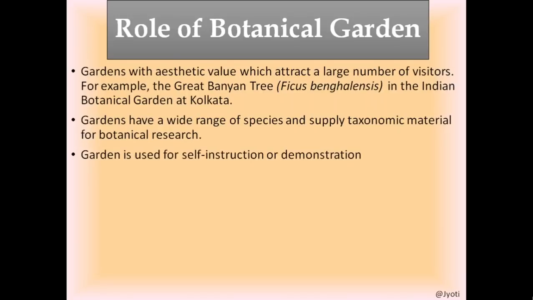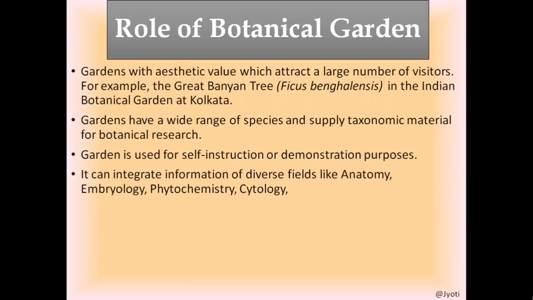So this garden is used for self-instruction or demonstration purposes. Suppose I want to demonstrate a particular plant species, then you can be brought near that living plant, and it can be a live demonstration.